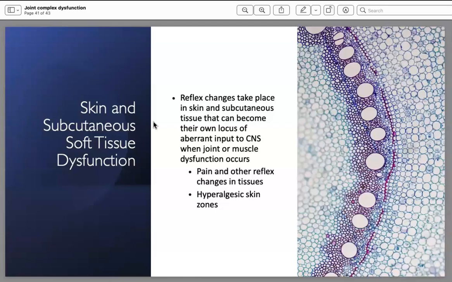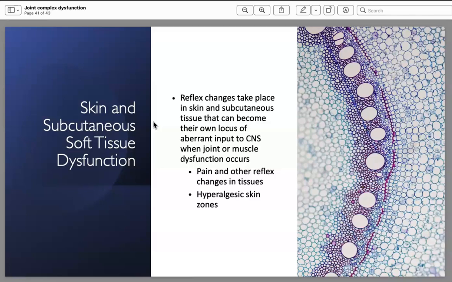When it comes to joint dysfunction, we can also have skin and subcutaneous soft tissue dysfunction as well. These different types of reflex changes can take place in the skin and subcutaneous tissue, so they might end up experiencing pain and other reflex changes in the surrounding tissue around that joint complex.